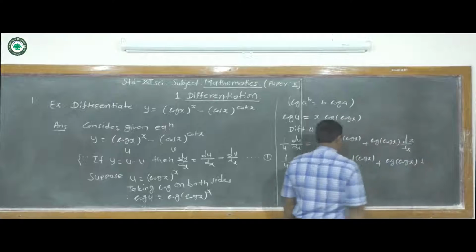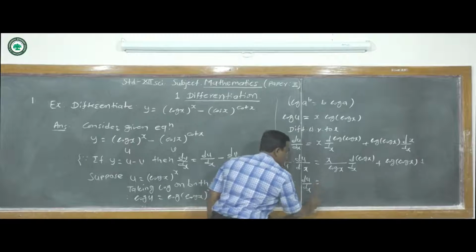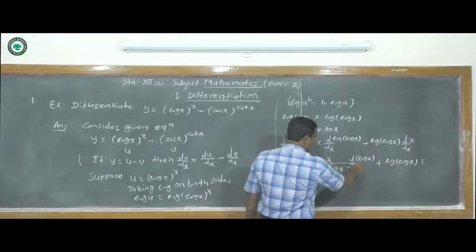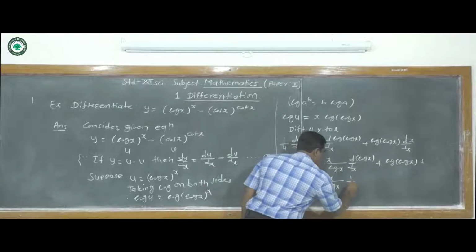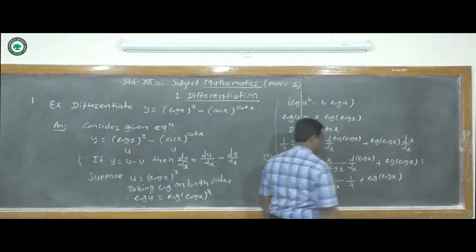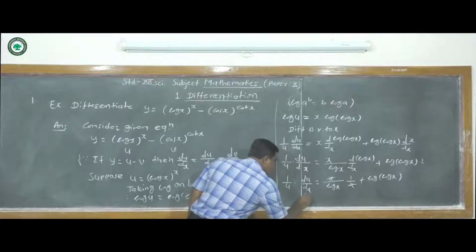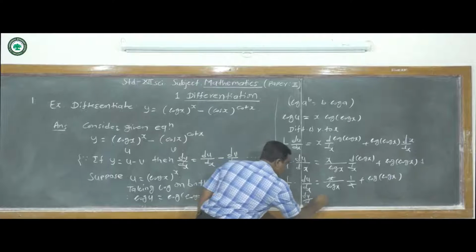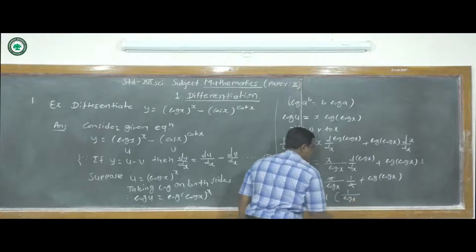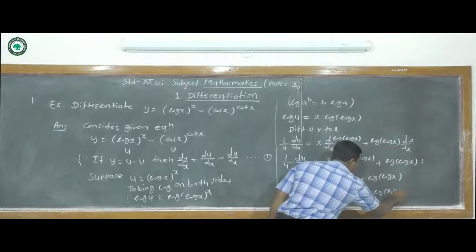Now 1 upon u into du by dx is equal to x upon log x into derivative of log x, which is 1 upon x, plus log of log x as it is. Now this x upon x cancels out, and remains du by dx is equal to u into (1 upon log x plus log of log x).